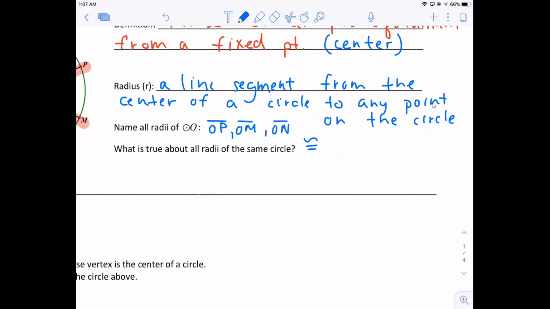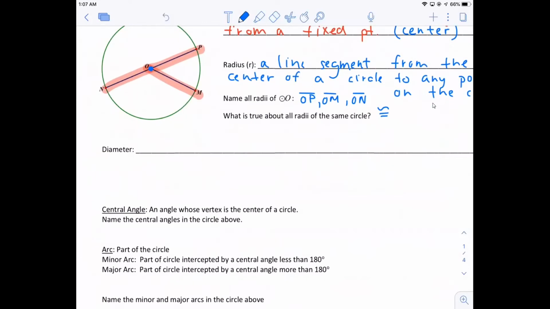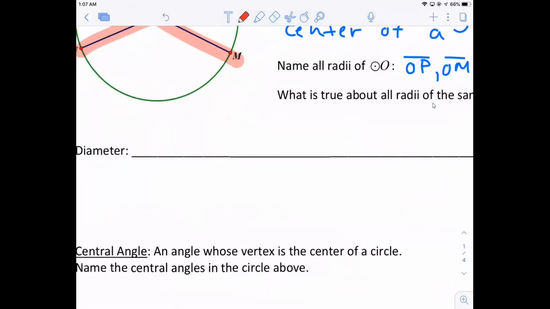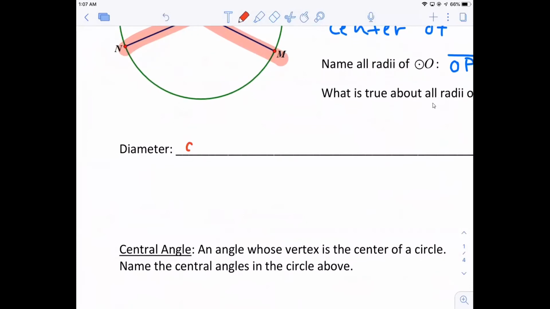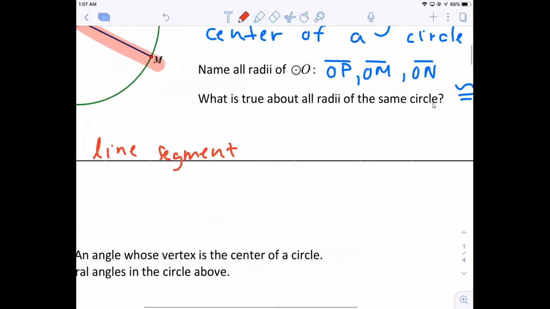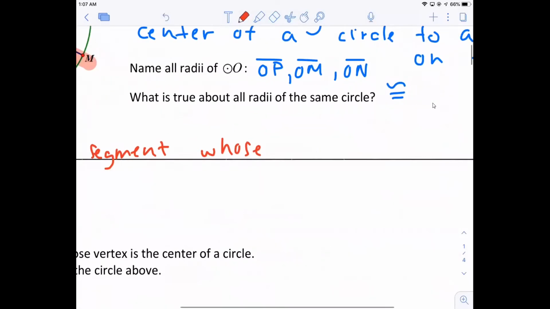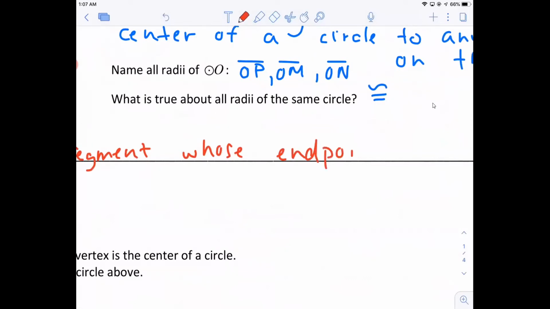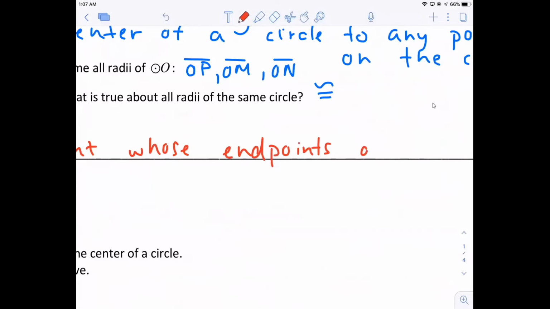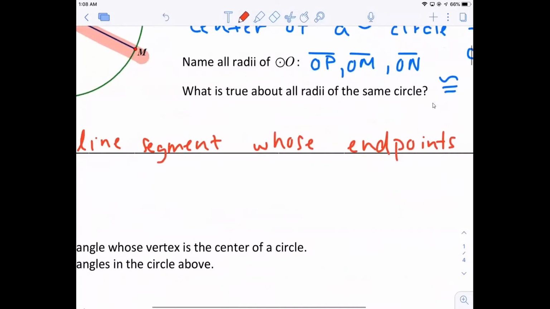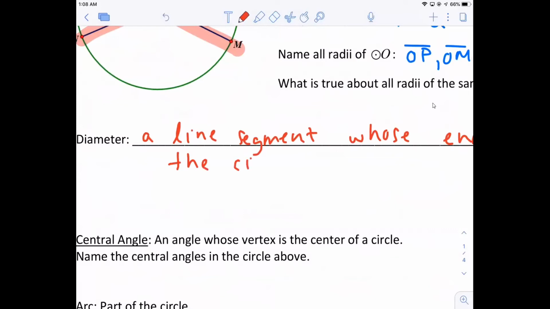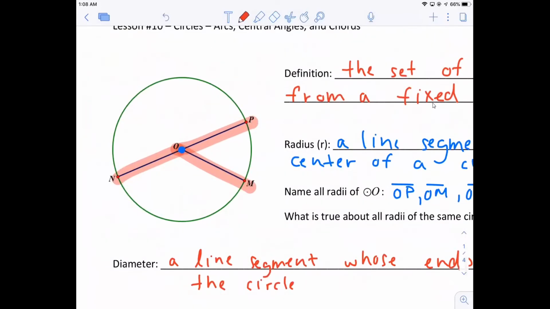All right, what's the definition of a diameter? Well, geometrically speaking, what's a diameter? That is also a line segment. This is a line segment whose endpoints, where are the endpoints of a diameter? Well, both of them are on the circle. For example, there and there. So is that a diameter?